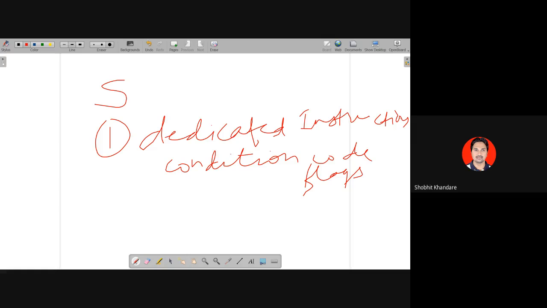There are dedicated instructions which will set or clear your condition code flags. And for the other instructions, if I want to set or clear the condition code flags, then you have to append S. Now there is a difference between these two. Now all of you pay attention.